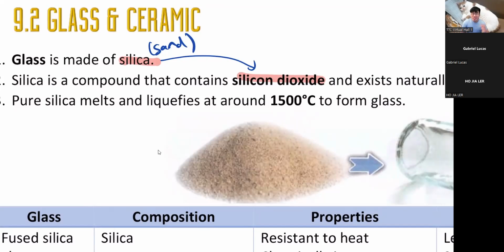Nowadays there are still glass makers in Italy, although it's a dying field. But last time glass was made by hand. Only until recently can we make glass using machines. So glass was considered quite a luxury, because it's very hard to reach this temperature.